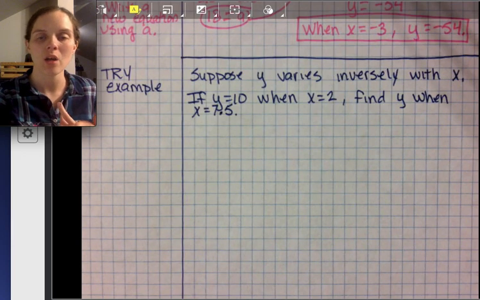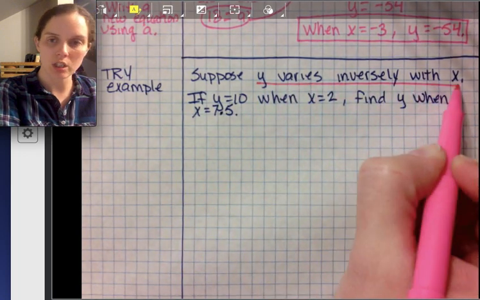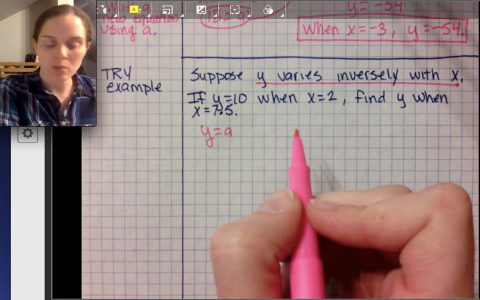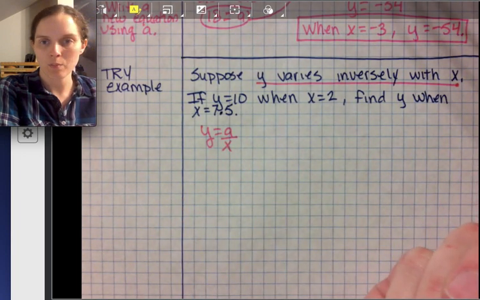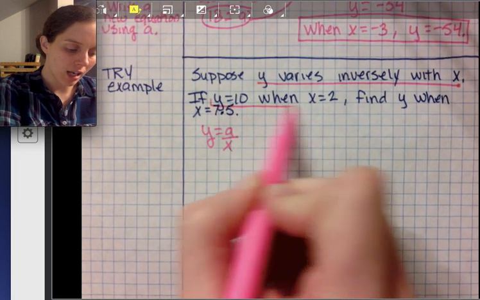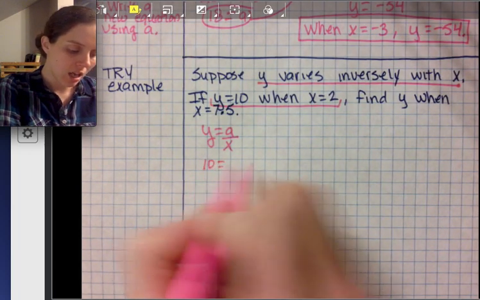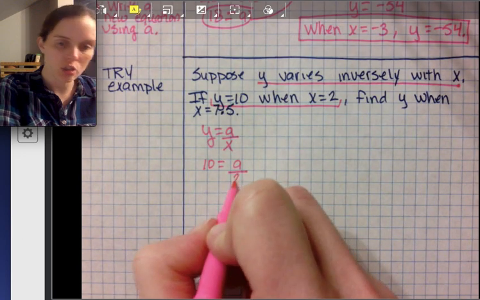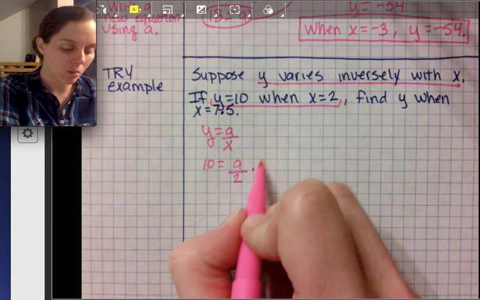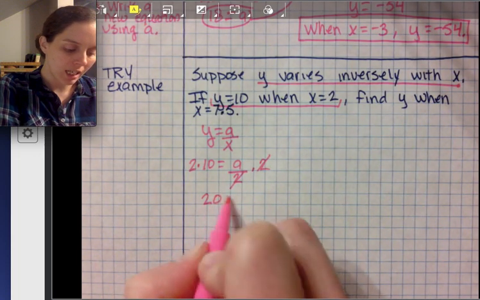Okay, you should have tried this. So we're going to start with writing down the equation that they give me in this first part. Y varies inversely with x, so I should write y equals a, inversely with x, so that means I'm going to divide by x. That's step number 1. Step 2 is plug in this y and x to find my a. So y equals 10, a goes on the top, x is 2. This time I'm dividing by 2, so to solve for a, I need to multiply both sides by 2. So 20 equals a.